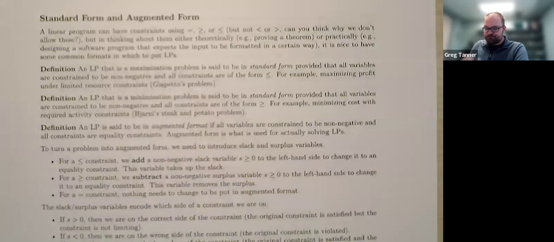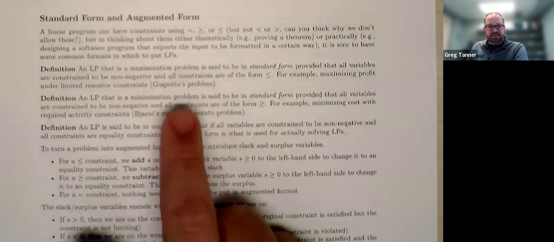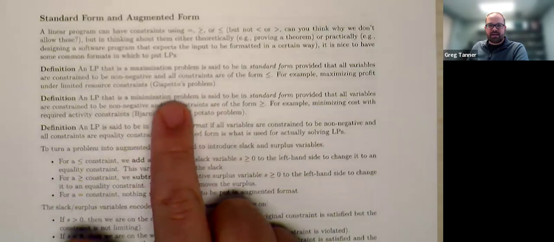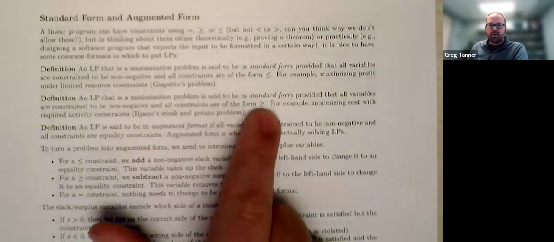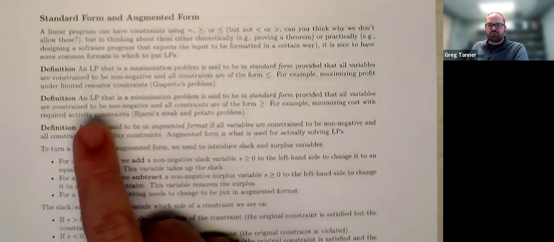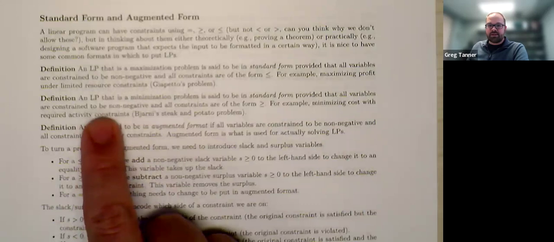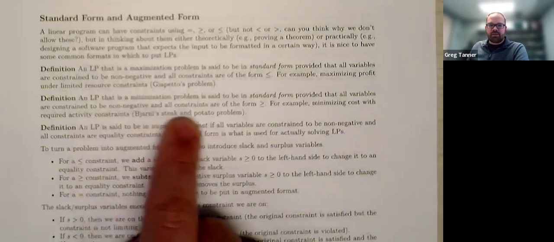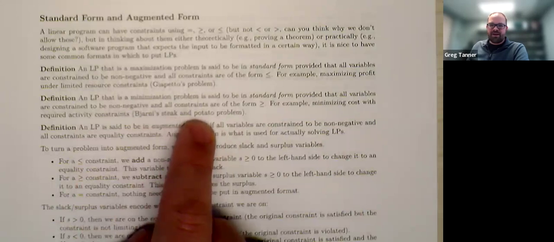Those limited resources make up our constraints. For a minimization problem, on the other hand, the standard format will have all greater than or equal to constraints. You can think of the prototype for this one being minimizing cost, but you've got some required activities that make up your constraints. And so you might think of Bajarni's steak and potato diet problem.